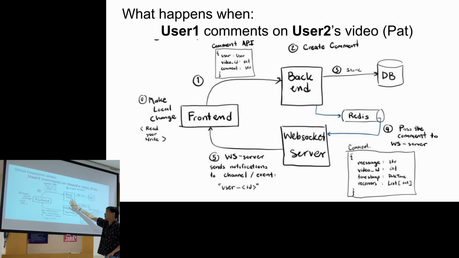The backend will be the one who identifies who needs to receive the comment. So maybe you have to see the comments as well because you have commented on the same video before. It goes through Redis, and the WebSocket will be the one to distribute the comments to every single one in the front end.